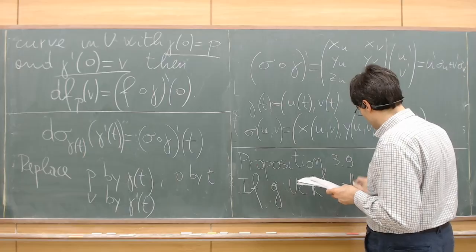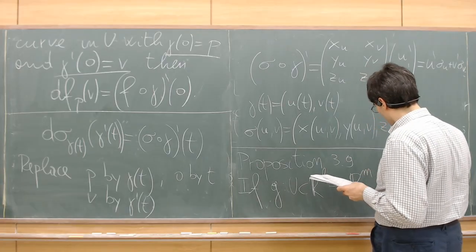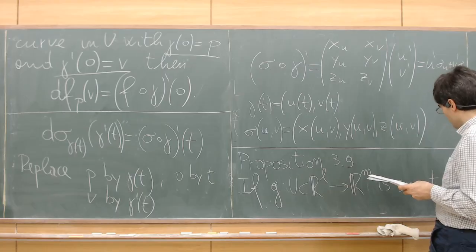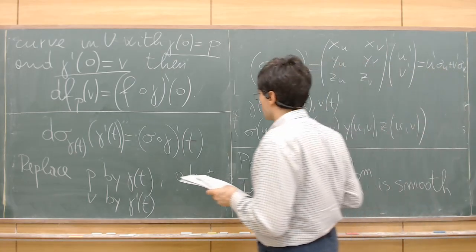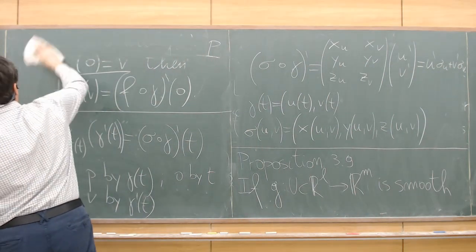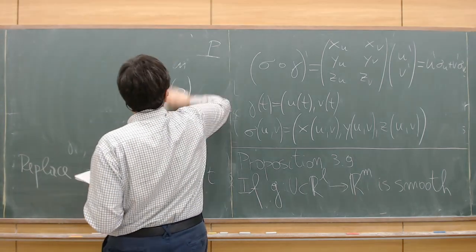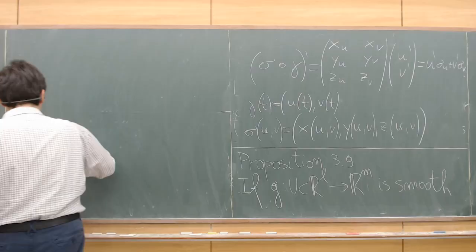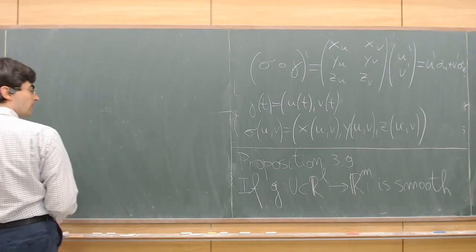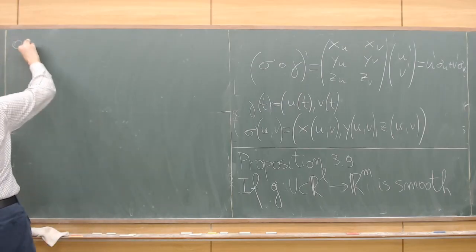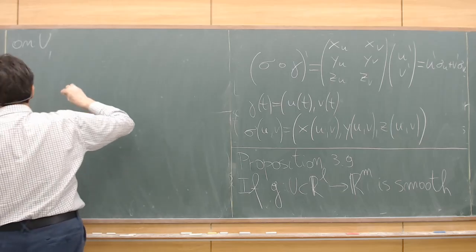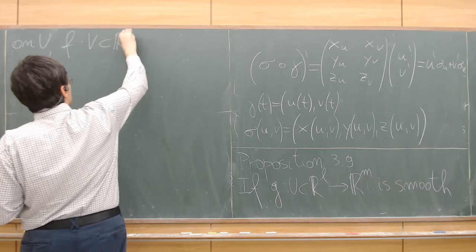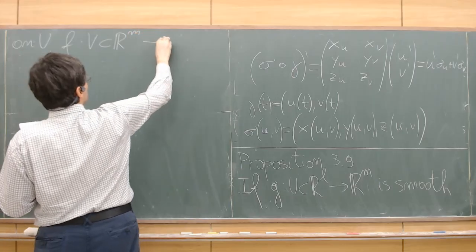It takes values in R^m. Suppose also it to be smooth on U. Suppose that F is defined on V, an open set of R^m, with values in R^n.